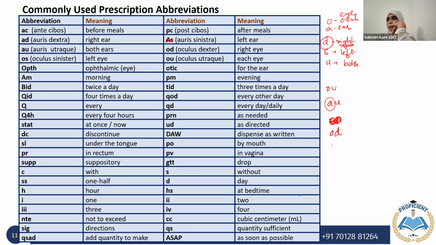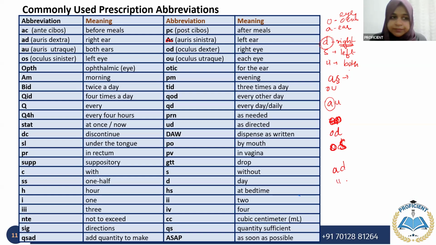Now, OS. Not D, S. OS is left eye. Understood? If it is AS, then it is left ear. If it is AD, then right ear.